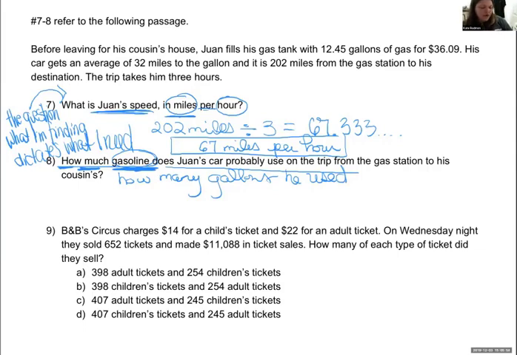Beautiful. Now, notice that I said, how much gasoline does Juan's car probably use? There's that probably idea. That might suggest that I'm working with a prediction or an average, something that's normally occurring. Does that make sense? Could you also round up?